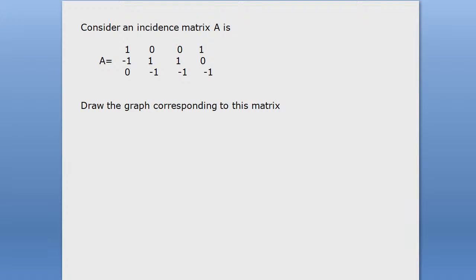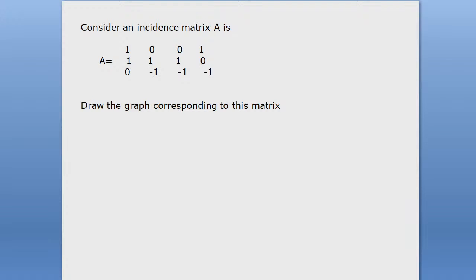If a branch enters the node, then we will consider -1. If a branch leaves from a particular node, then we will take +1. And if there is no interconnection between branch and node, then we will choose 0.